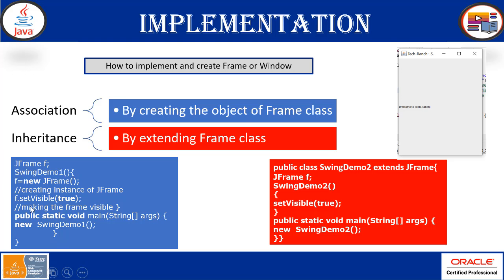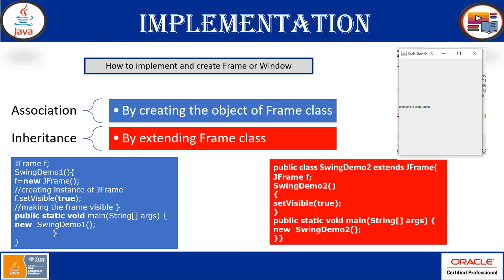Now inside this frame you can add features like set visible, set title, set bounds, set text, button and text area, and anything you want to add in your window. Once the constructor definition and implementation is done, all you need to do is call that constructor inside the main method.